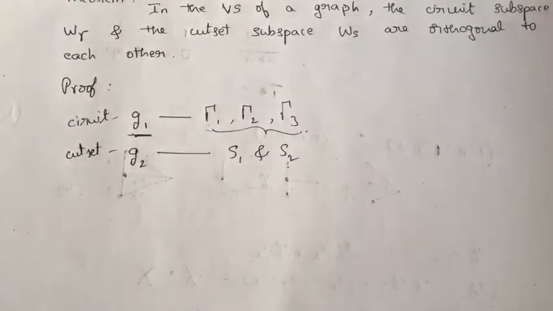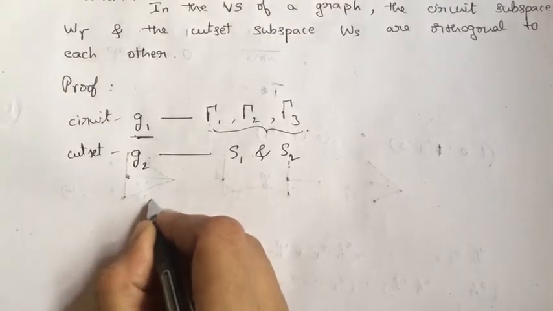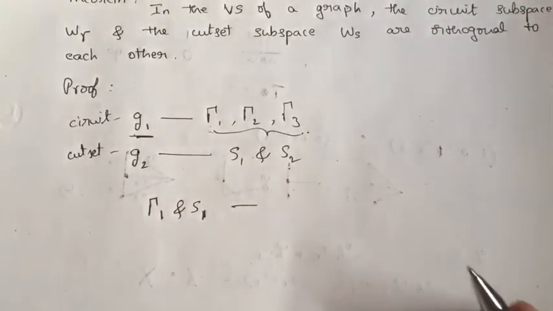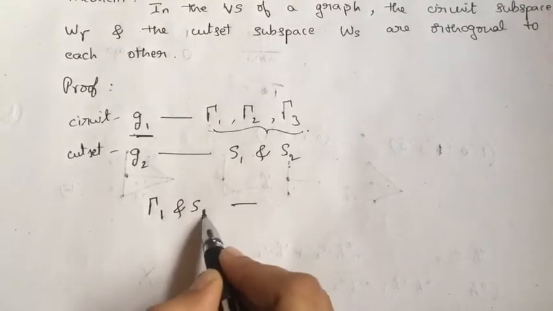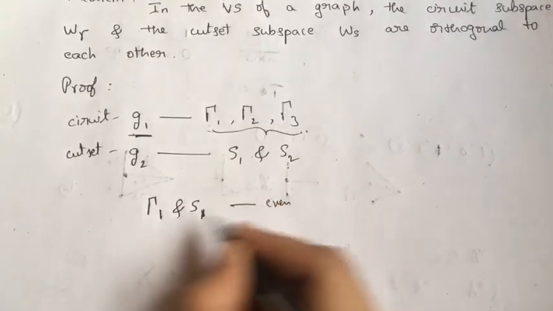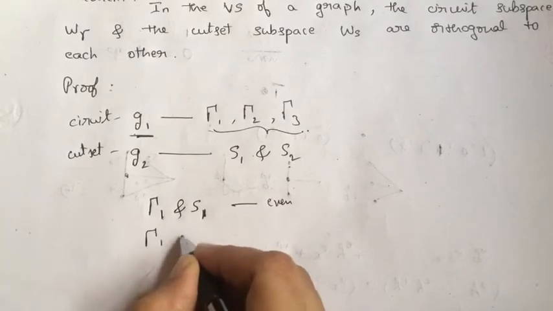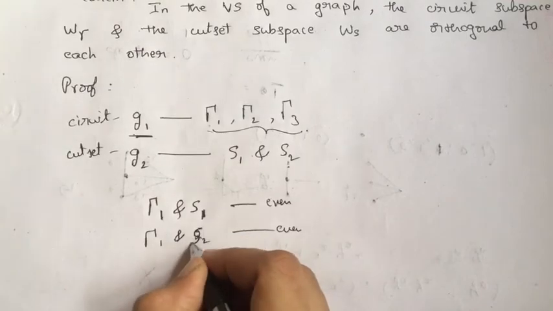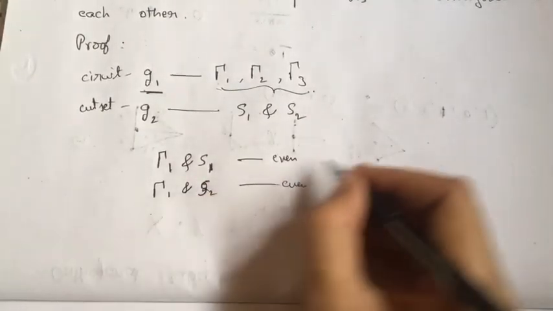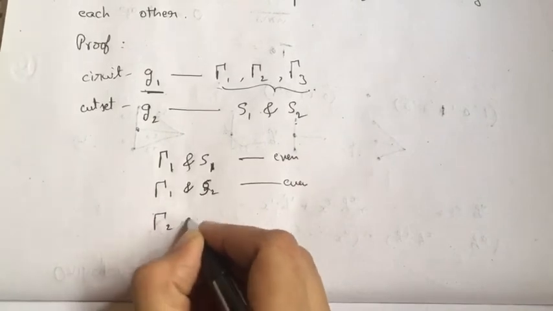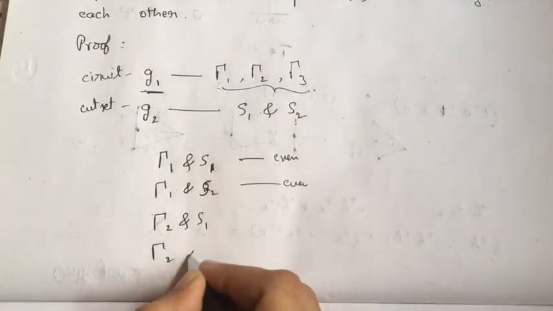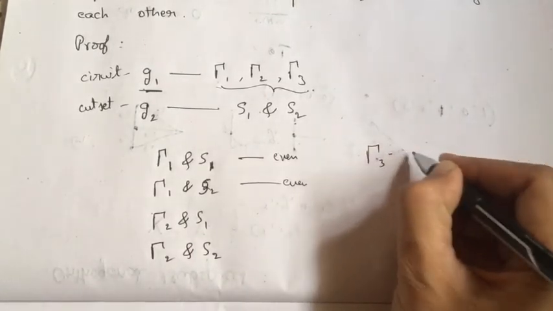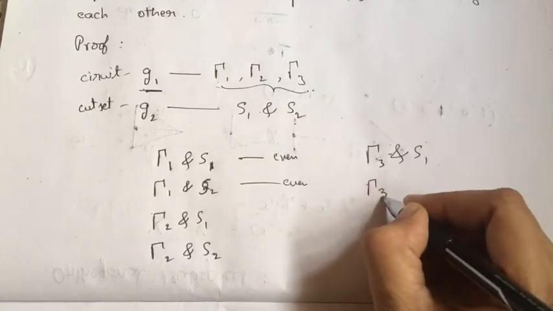Now, the number of edges in common between gamma 1 and S1 is even, because gamma 1 is a circuit and S1 is a cut set. Similarly, if I consider gamma 1 with S2, that is also even. Similarly, gamma 2 with S1, gamma 2 with S2, gamma 3 with S1, gamma 3 with S2.